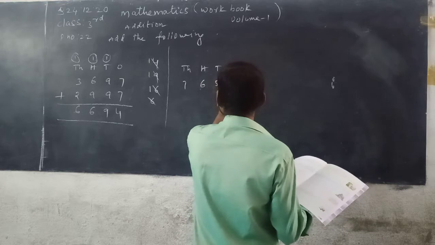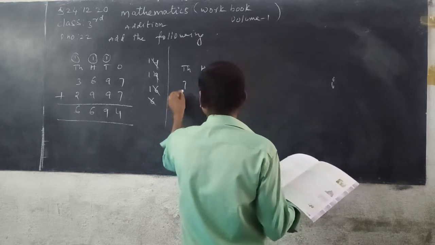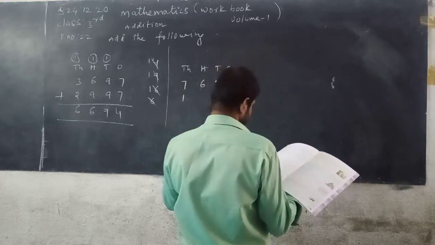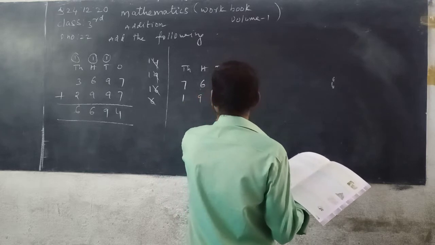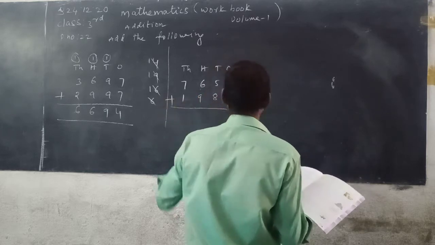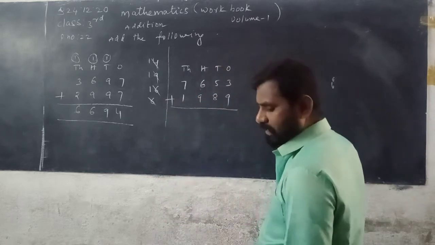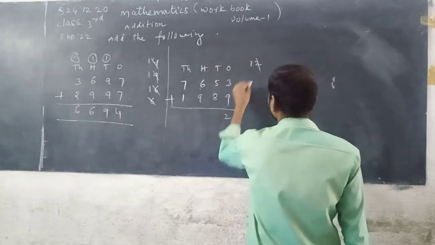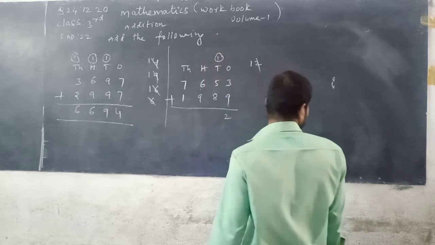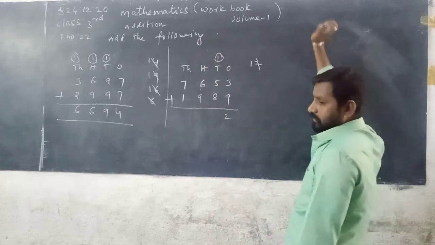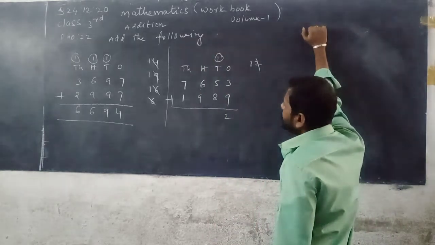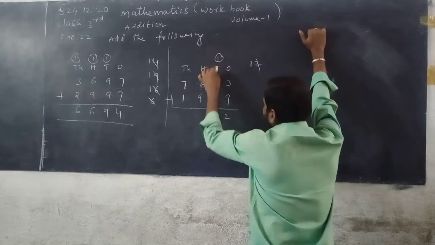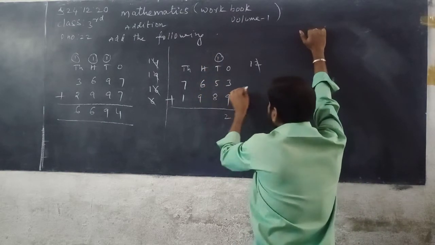7,653 plus 1,989. First add the digits in ones place. 3 plus 9 you get 12. In it, 2 is written down in ones column. 1 is carried over to the tens place. Now next add the digits in tens place. 1 plus 5 is 6, 6 plus 8 is 14.